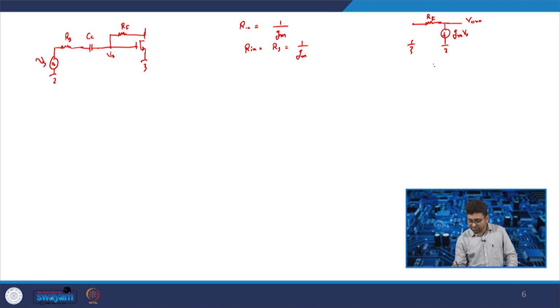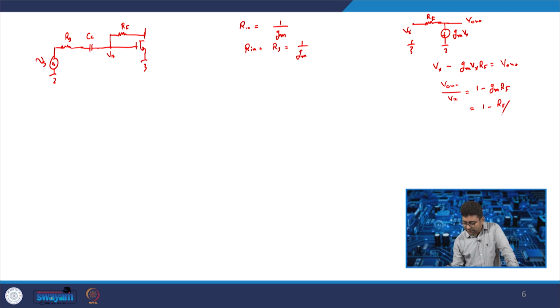So, we can get directly Vx minus Gm Vx into Rf equal to V out. So, V out by Vx is given by 1 minus, and if we put Gm equal to 1 by Rs, it is Rf by Rs.